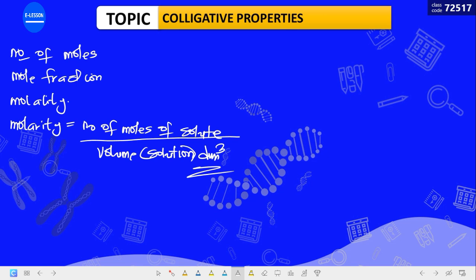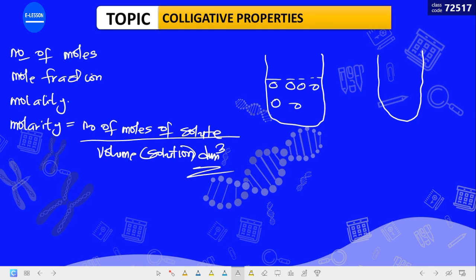Now let us talk about these colligative properties. But there is something that will help us to understand colligative properties. Let us assume you have this as a pure solvent, and then you have this as a mixture of a pure solvent and a solute. Let's assume these are the particles of the pure solvent, and then here are the particles of the solution.